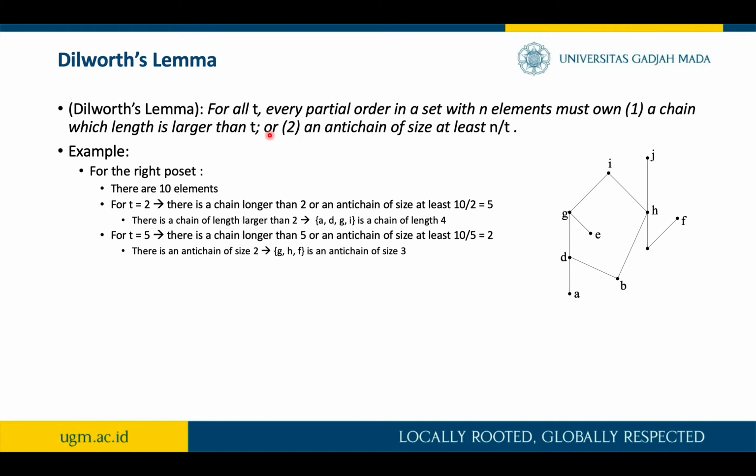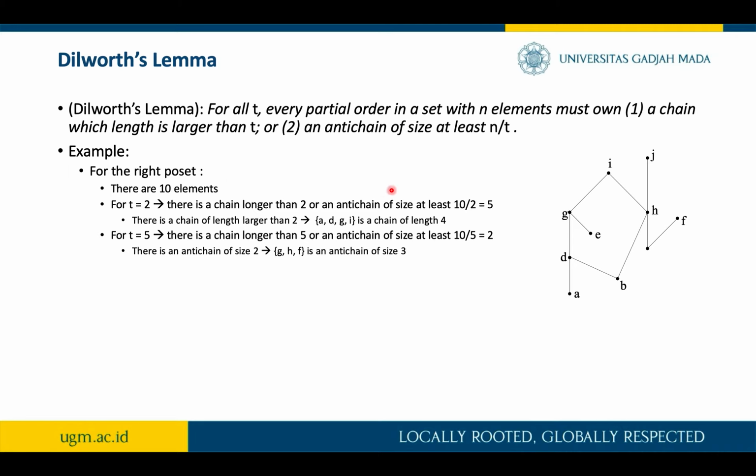For all T, every partial order in a set with n elements must own either a chain whose length is larger than T, or an anti-chain of size at least n divided by T. So in this case, for all T, of course T must be less than or equal to n. We can have a chain whose length is larger than T, or an anti-chain of size at least n divided by T.